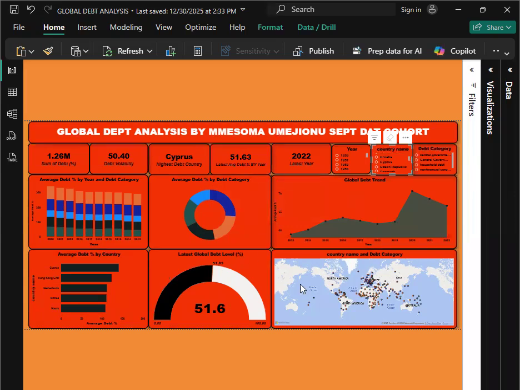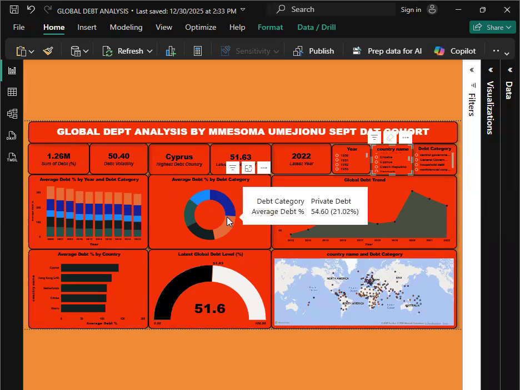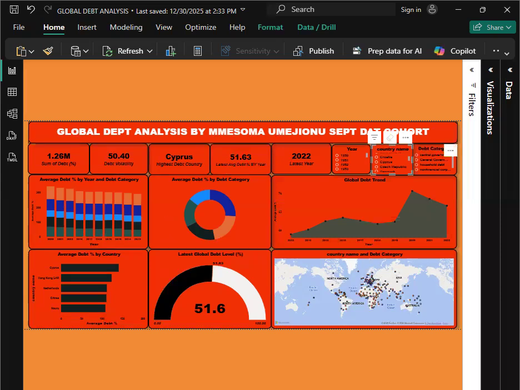This indicates that the governmental sector borrowing remains the dominant driver of the global debt.